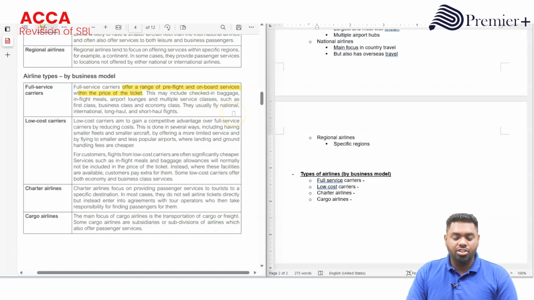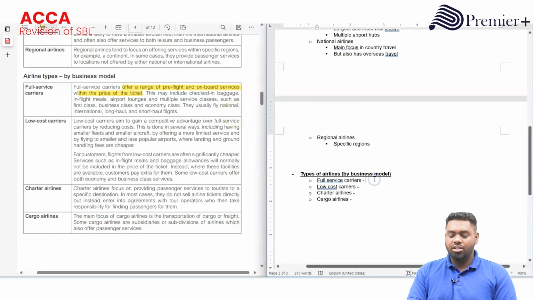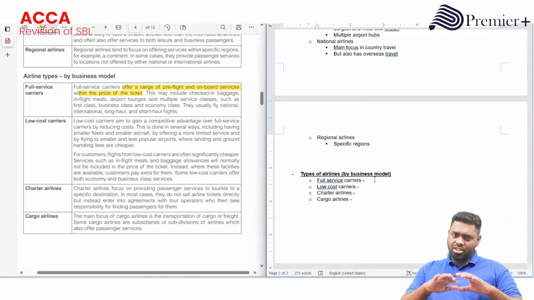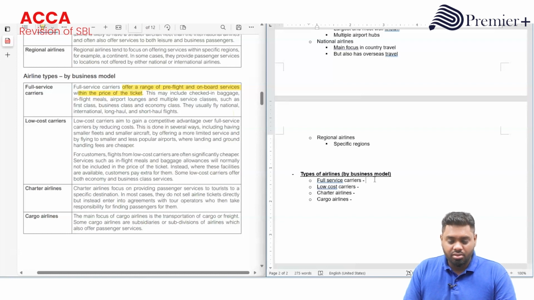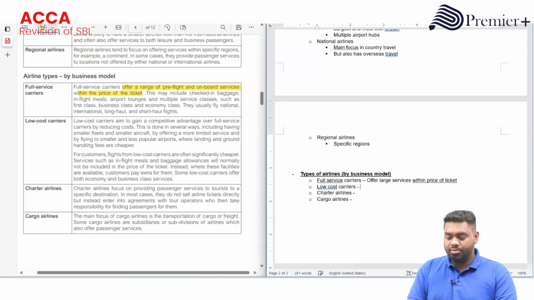They usually fly national, international, and long haul and short haul flights. So as we said, full service carriers are airlines that charge all of the costs in the airline ticket, offering large services within the price of the ticket.